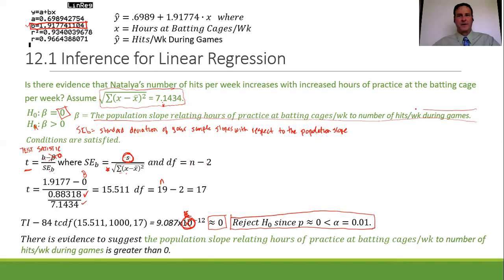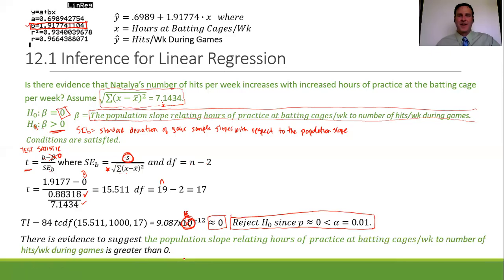You're always reciting what I call the Ha. The Ha starts off with the b, so I just recopied that: the population slope relating the hours of practice at batting cages per week to the number of hits per week is, and what am I saying here? It's greater than 0. So that is basically done.